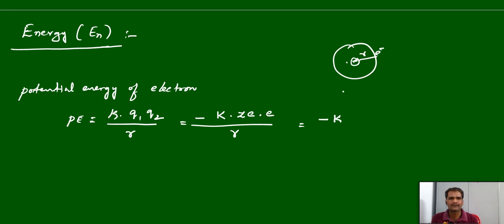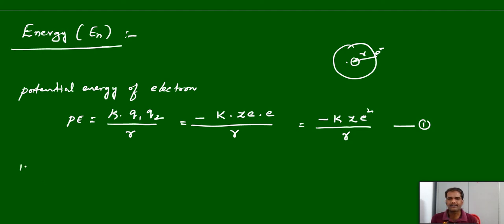Minus means it is an attractive force system. Attractive force means less energy. This negative sign indicates a decrease in energy. Repulsive forces mean an increase in energy, positive sign. So we get potential energy is equal to minus K Z e square by R.